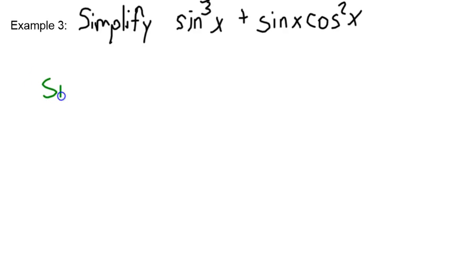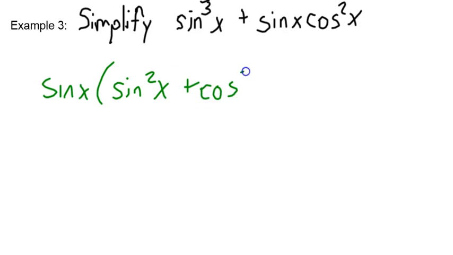So if we take a sine x out in front, our first term, that was sine cubed x, if we take a sine x out of that, we're going to be left with sine squared x. Our second term, sine x cosine squared x, if we take a sine x out of that, we're left with cosine squared x. So factoring out a sine x, what they have in common.